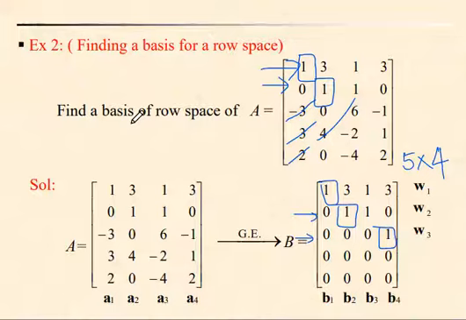And if you want to find a basis of the row space of A, you just need to consider the non-zero rows of the reduced echelon matrix of A. So the basis of the row space of A would be generated by these base elements.